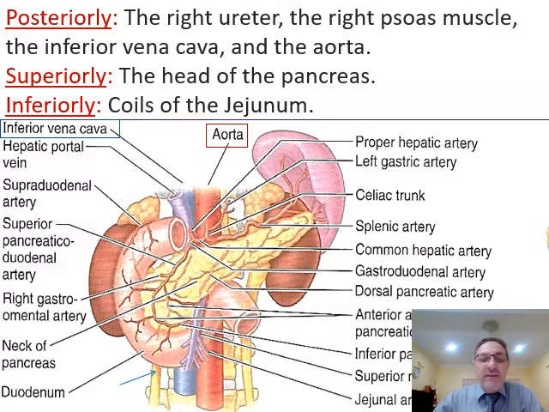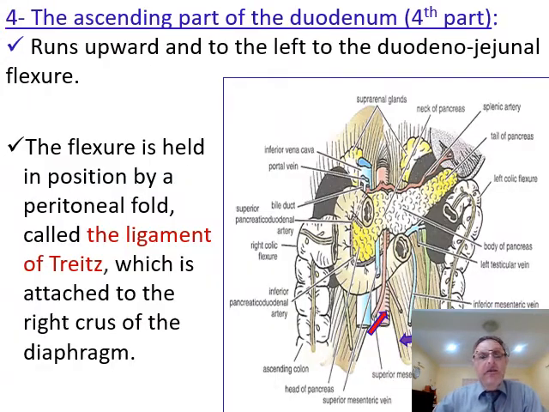Superiorly it is related to the head of the pancreas, and inferiorly we have coils of jejunum. The ascending part of the duodenum, the fourth part, runs upward and to the left to the duodenojejunal flexure.